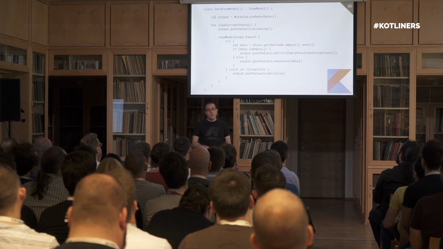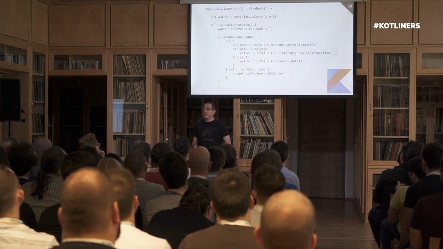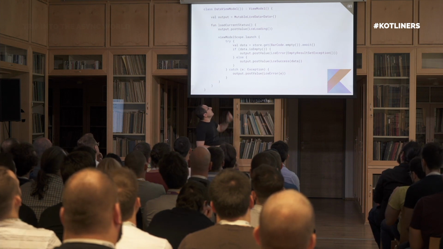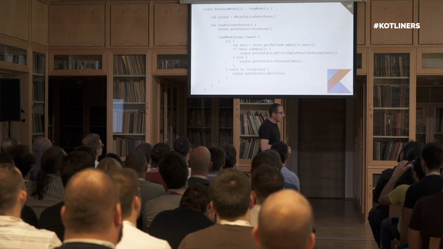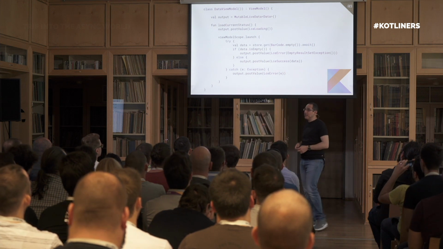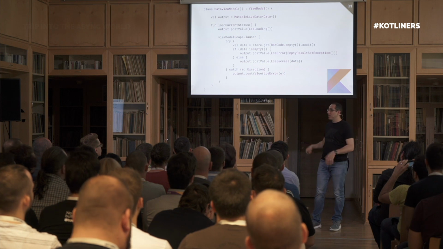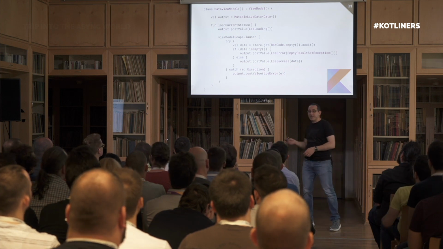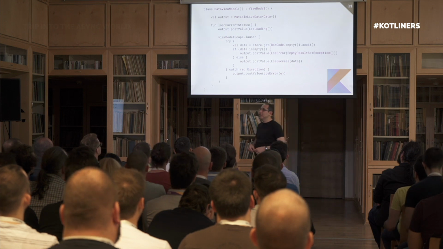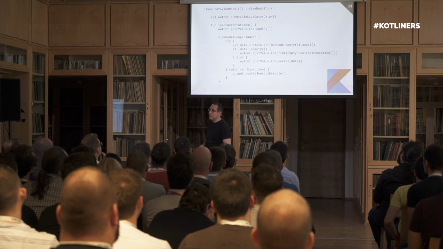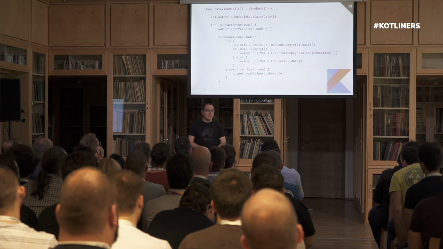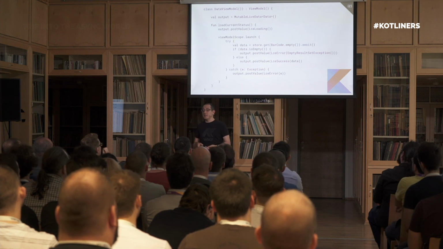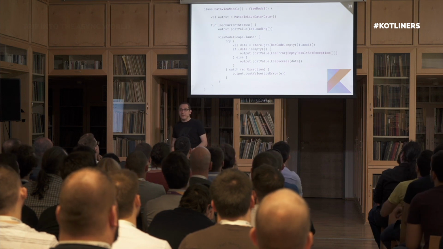So what we do here is actually create a LiveData in the very beginning. I forgot an LCE there in the declaration, but that's fine, I'll fix that. So when we load our function, the first thing we do is emit the LCE loading event, exactly like we were doing with RxJava.